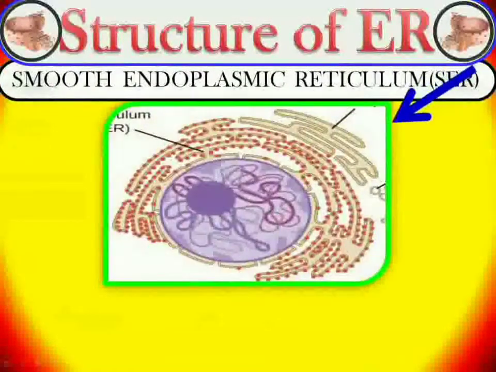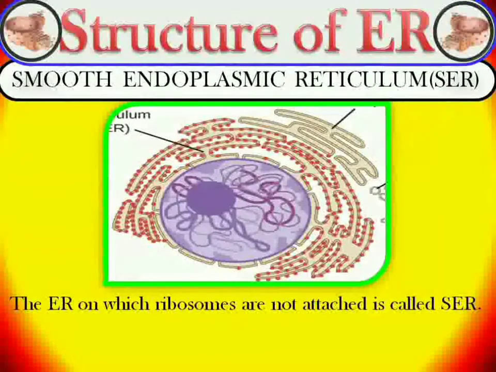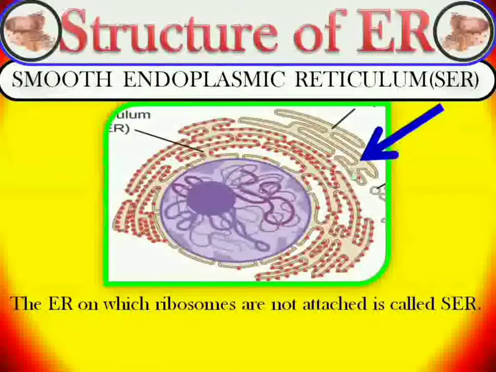Now let us discuss smooth endoplasmic reticulum. The endoplasmic reticulum on which ribosomes are not attached or embedded is called smooth endoplasmic reticulum, in short SER. You see in this picture, this part of the endoplasmic reticulum does not contain any ribosomes, so it looks smooth and fine.